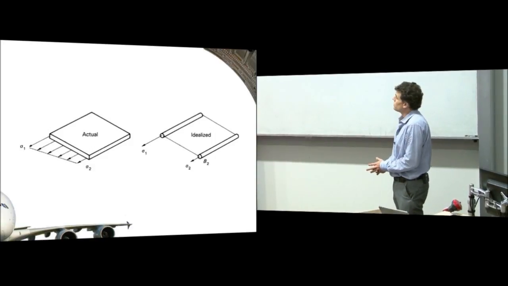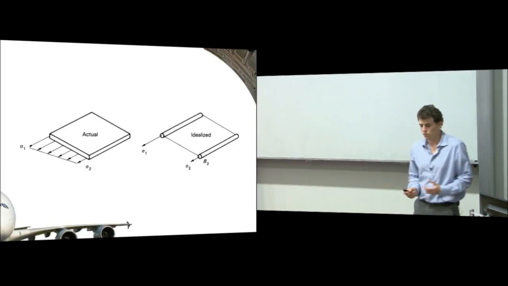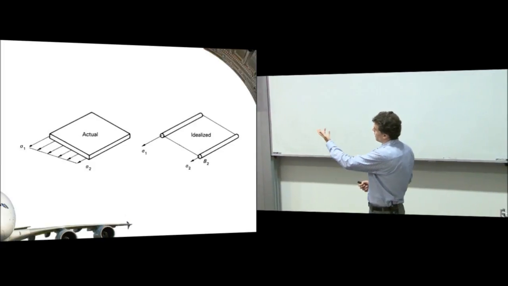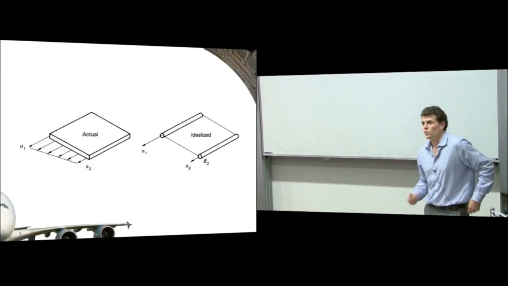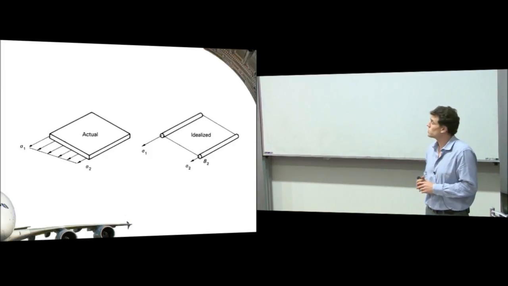And that idealization strategy relies on breaking the section up into discrete units. So instead of having a distributed tensile stress or a distributed shear stress, we break the structure up into what we call booms, which are these little discrete bits of load-carrying structure, and panels.